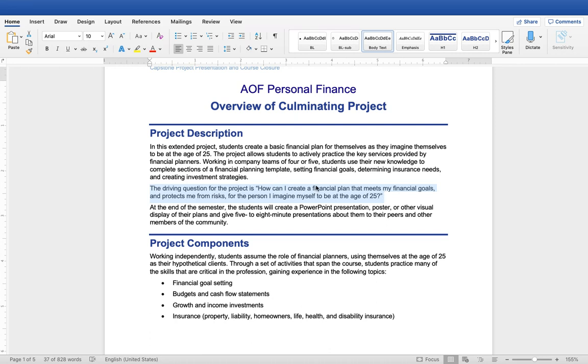So you're going to create a plan for yourself that meets your financial goals. Remember the lesson where we covered SMART goals? SMART goals are goals that are specific, measurable, attainable, realistic, and time bound.